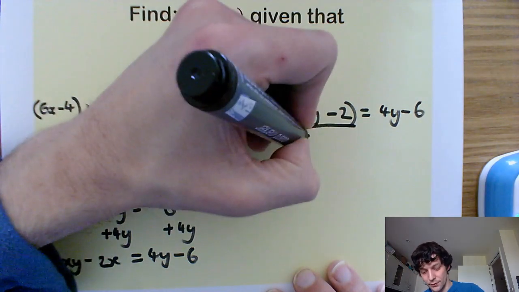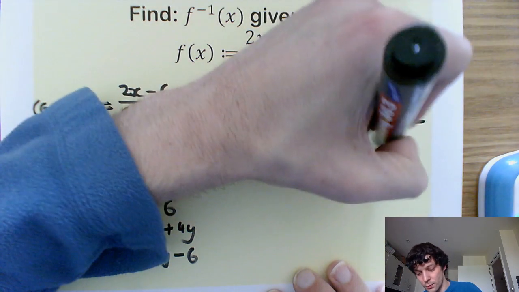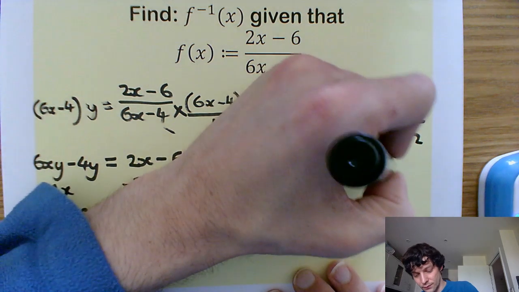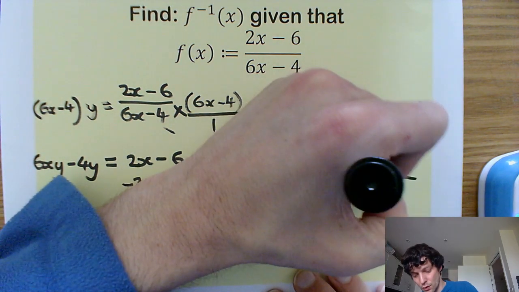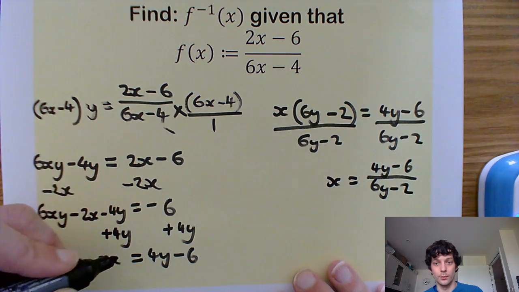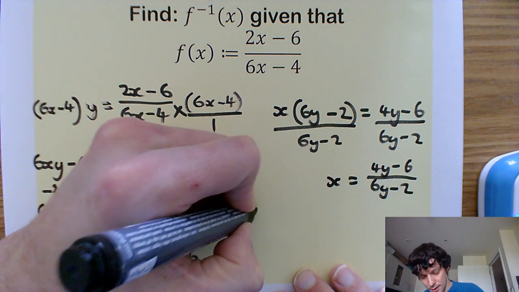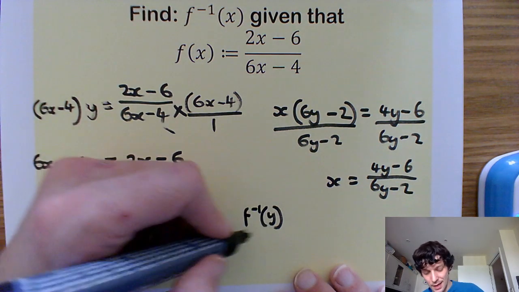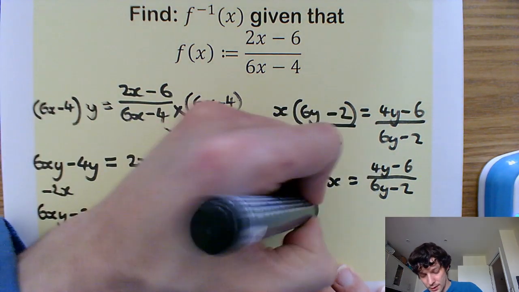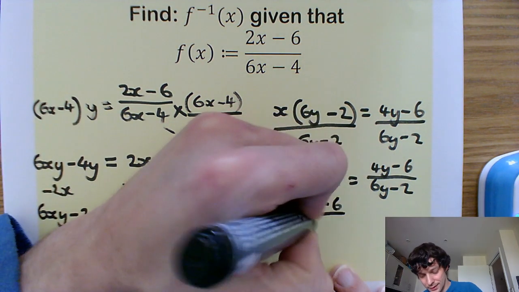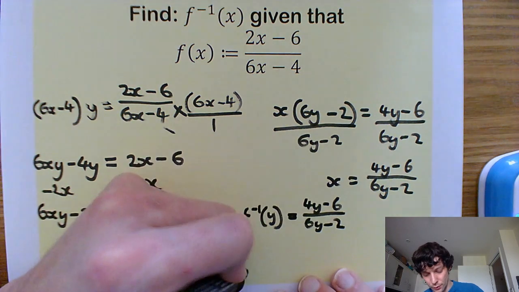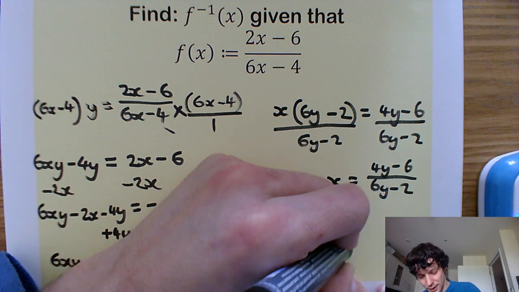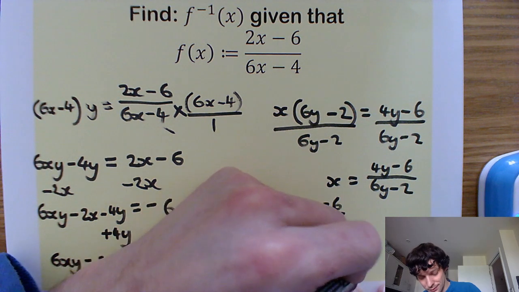And dividing both sides by 6y minus 2, we get x is (4y minus 6) over (6y minus 2). So to get back from f, to do the opposite steps, in terms of y, we do (4y minus 6) over (6y minus 2). So f inverse of x is (4x minus 6) over (6x minus 2).